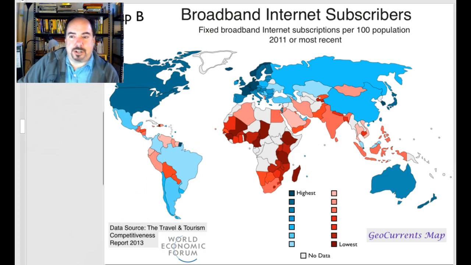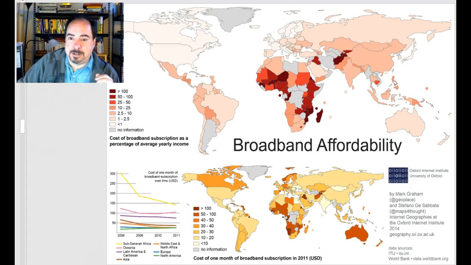But that's just having access. So having access is one thing. Being able to afford access is another thing, because it does not cost the same everywhere you go in the world. So it's important to see the cost of 1 month of broadband subscription. So light yellow here is cheaper, and the darker the color, the more expensive it is.